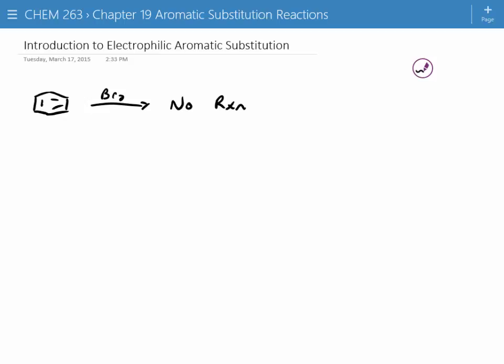The interesting thing that was observed was, let's take benzene again. This time I'm going to react it with bromine and put in some iron. If we do this, we can actually create bromobenzene, right? Pretty strange, right? Is this our normal electrophilic addition of an alkene?